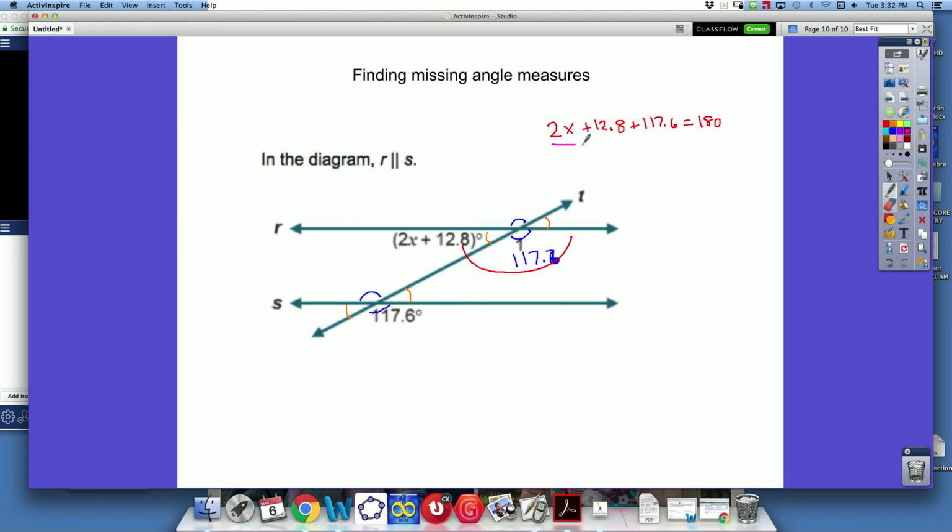I don't have any other x's, so 2x plus, we add these together. Go ahead and use a calculator if your decimals aren't so strong. 117.6 plus 12.8 is 130.4, and all of that equals 180.